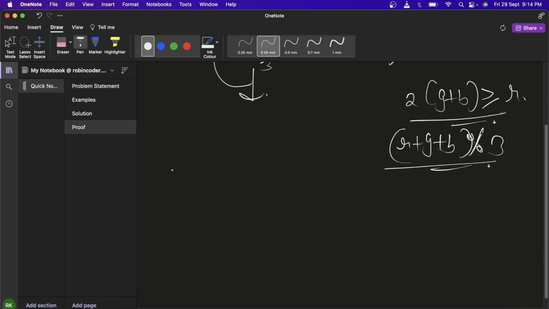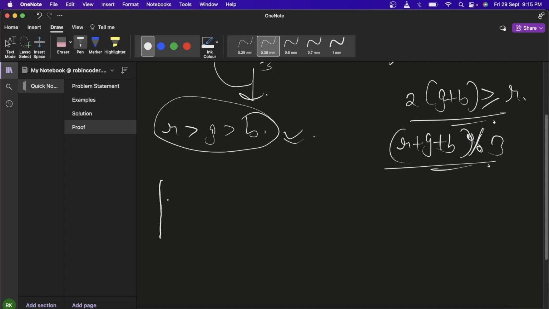Let's see. So we can try to make some diagrams and make some cases here. So for example, let's say we will try to solve it for R greater than G greater than B, and other cases are similar, like G greater than R greater than B, etc. Let's prove this for this condition.